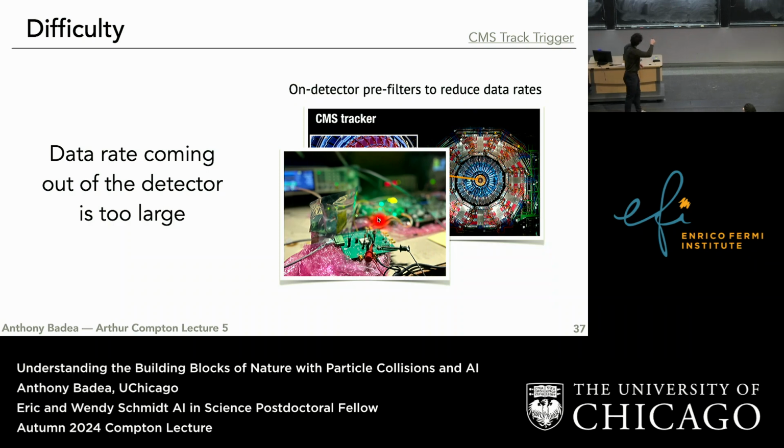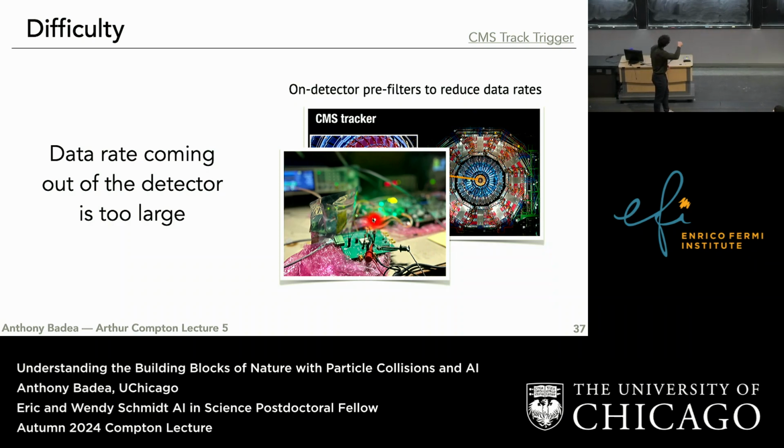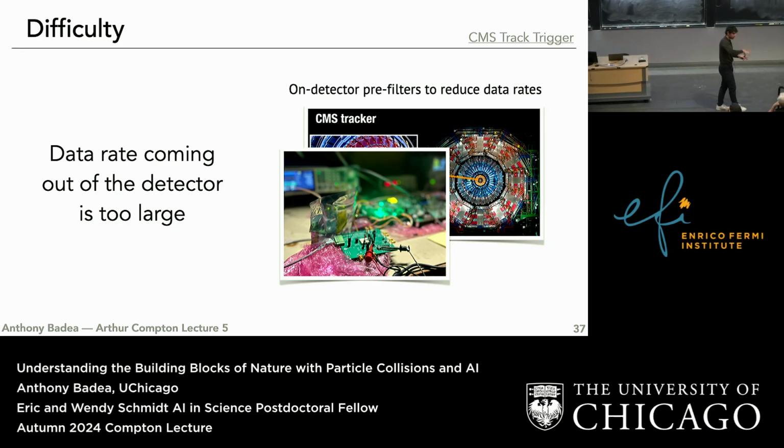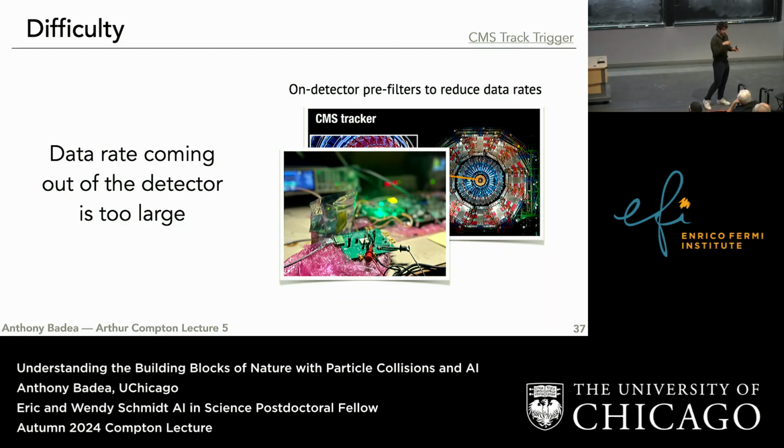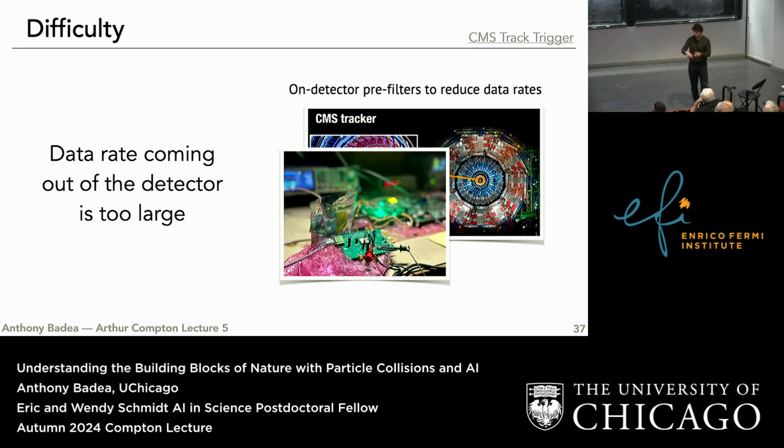This is a new type of chip. Underneath this gray thing right here is a very small piece of electronics, and written straight onto the silicon, we can put a neural network that can analyze the data 40 million times per second and make these types of complex decisions in real time.